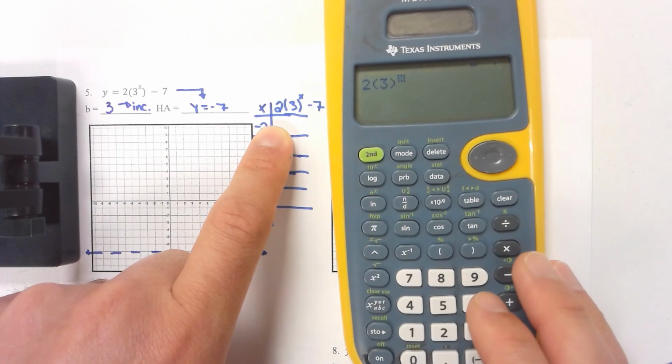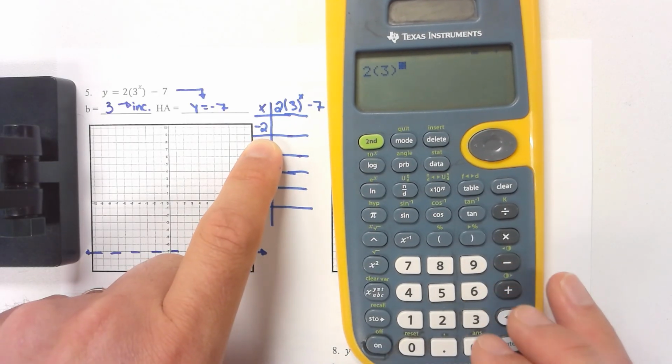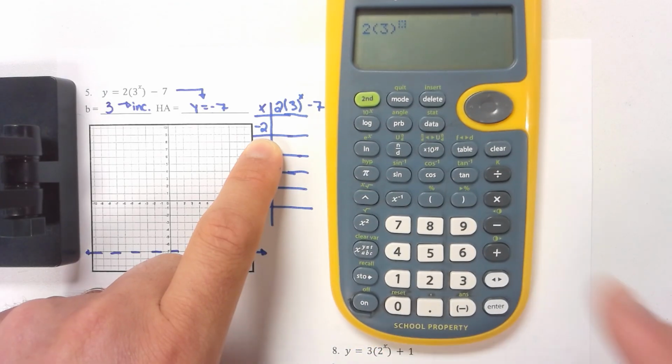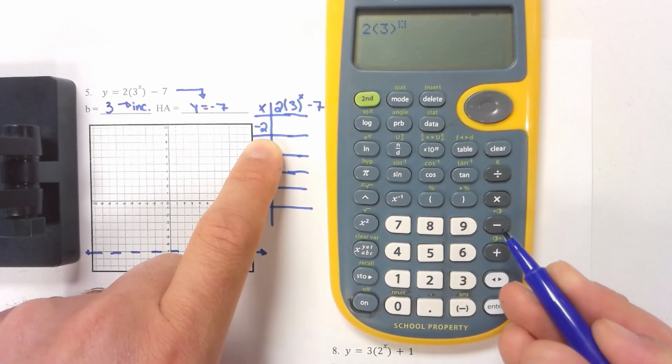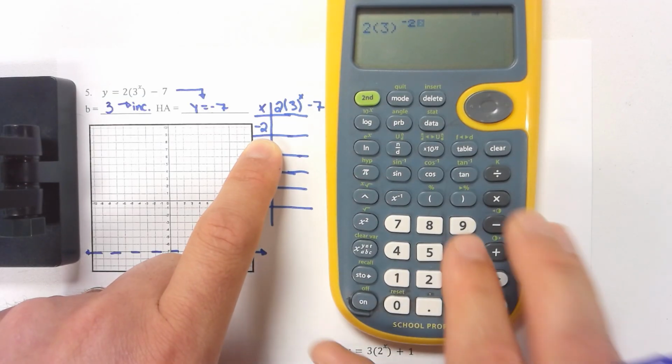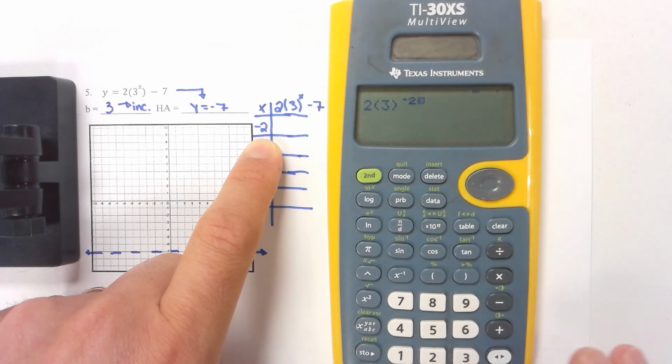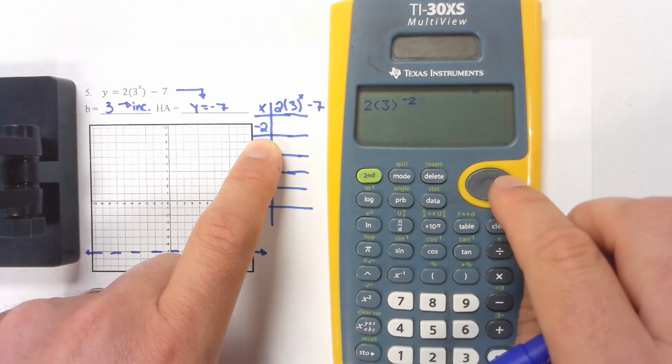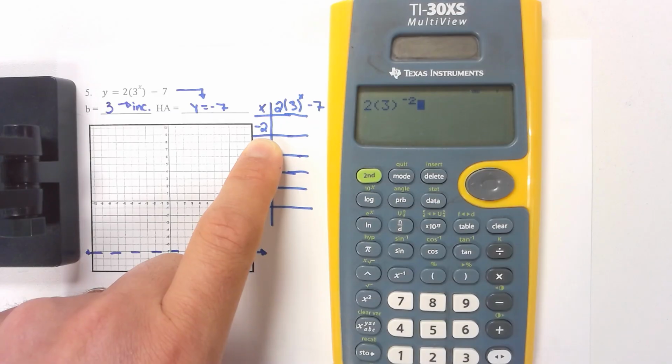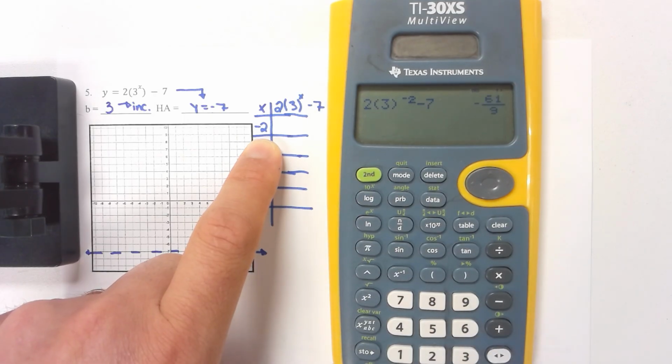That's the caret button. We're going to pick an exponent of negative 2. Make sure you're using the negative button, not the subtraction button. Then we need to get outside of the exponent, so I'm going to hit the right arrow key. Now we need to subtract 7, so I'll use the subtraction button and subtract 7.